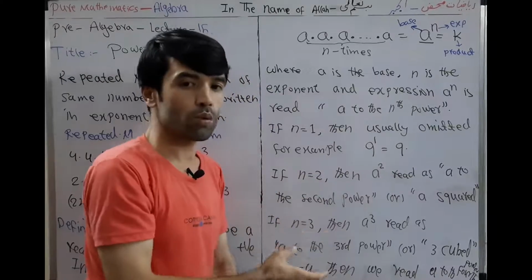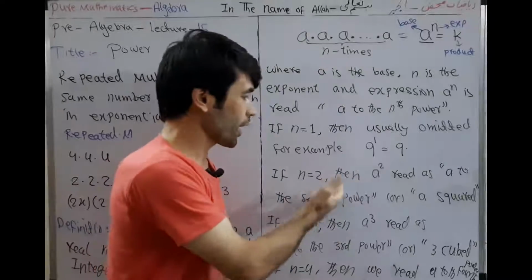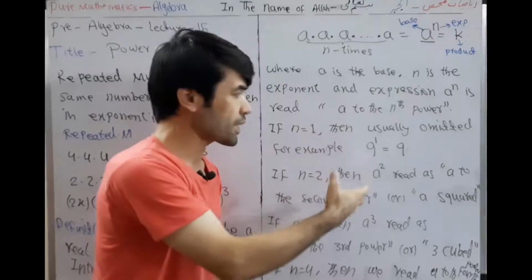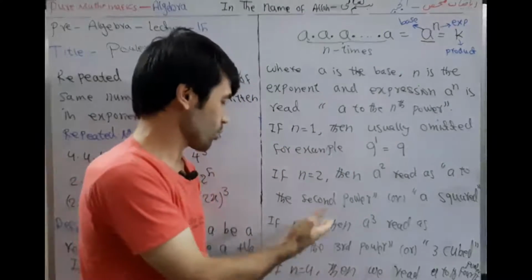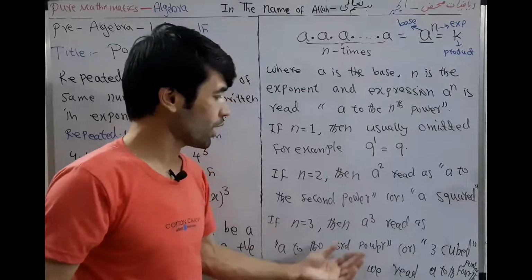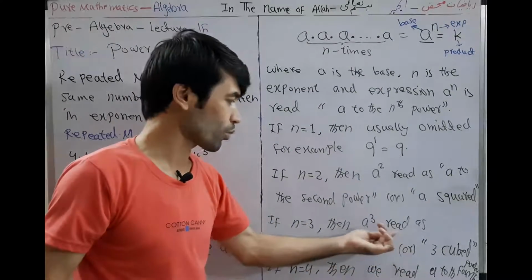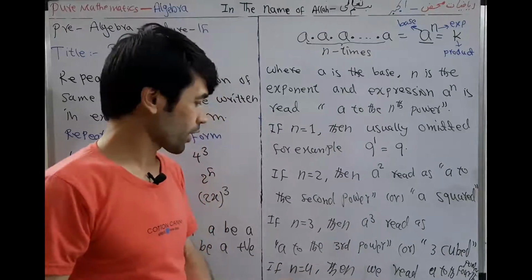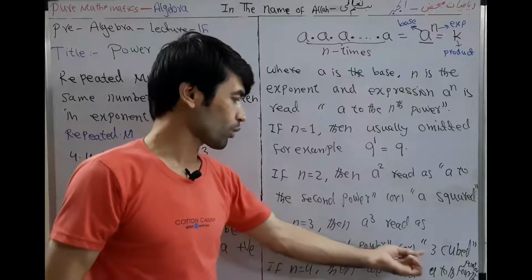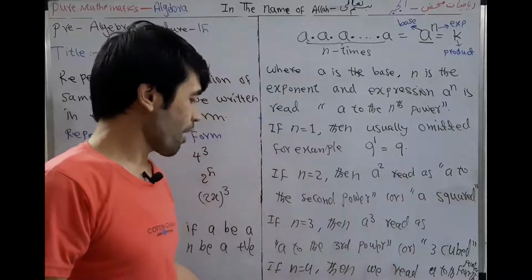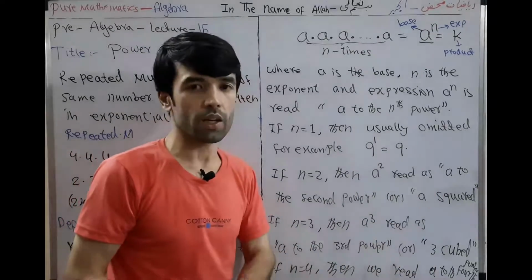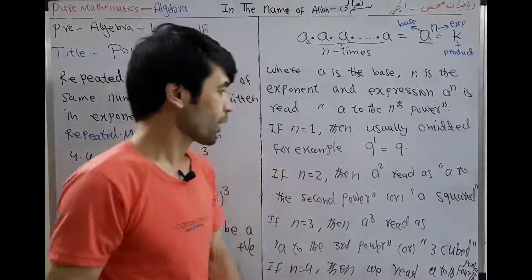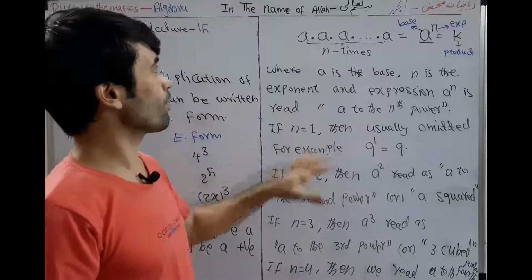If n is equal to 2, we say a to the power 2, or a squared. If n is equal to 3, we can read a to the third power, or a cubed. If n is equal to 4, then we read it as a to the fourth power. It was the meaning of power.